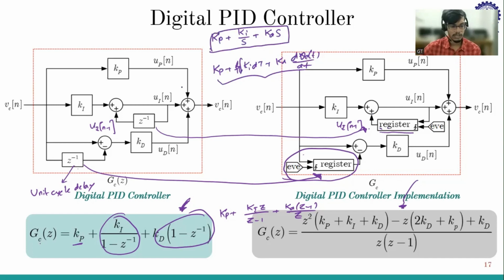So this is converted to this. You can say S in the S domain is equivalent to 1 minus Z inverse in the Z domain. So Kp plus Ki by 1 minus Z inverse plus Kd into 1 minus Z inverse. So this is the analog expression for the PID controller GC of S, and this is the digital expression for GC of Z.